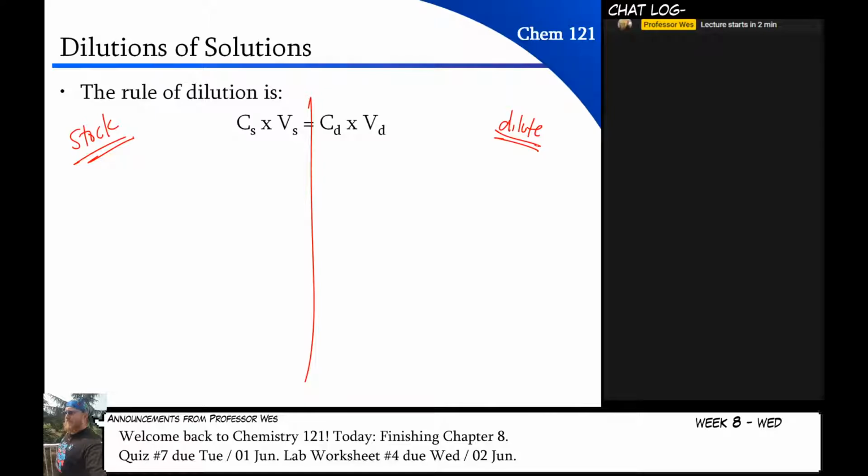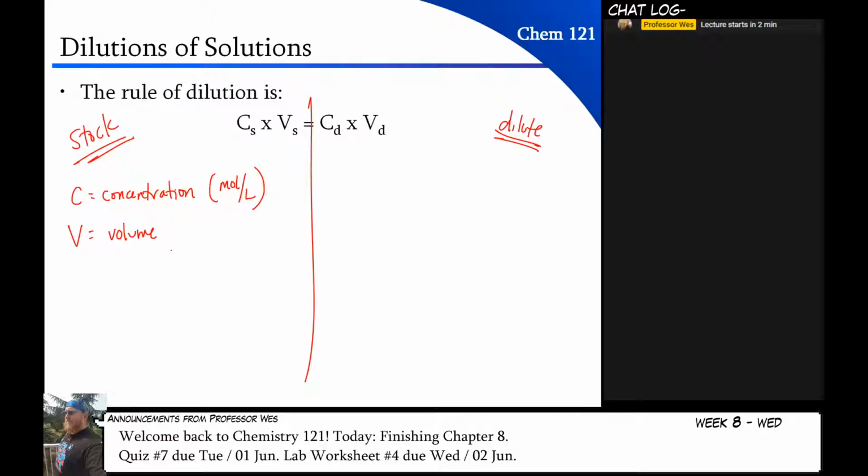Now, what can we do with this C and this V? So C is concentration. And typically we're going to use moles per liter, although you could use whatever concentration unit you wanted to. V is volume. And the volume can be whatever you want it to be as well, but it has to be the same on both sides.